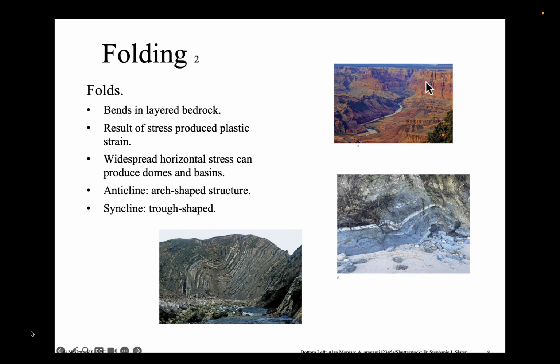You can clearly see the difference between these layers, how they are deposited horizontally, one on top of each other, and how these were once like that. However, they went through this process of folding.